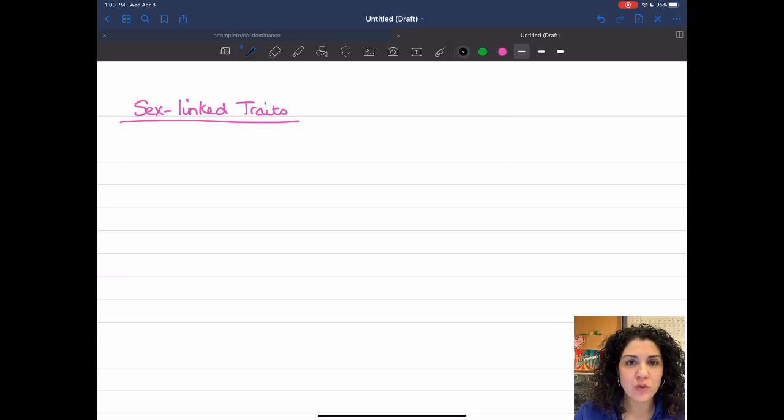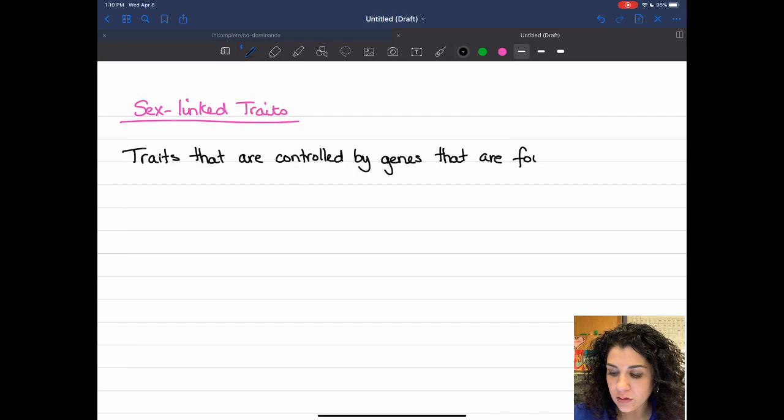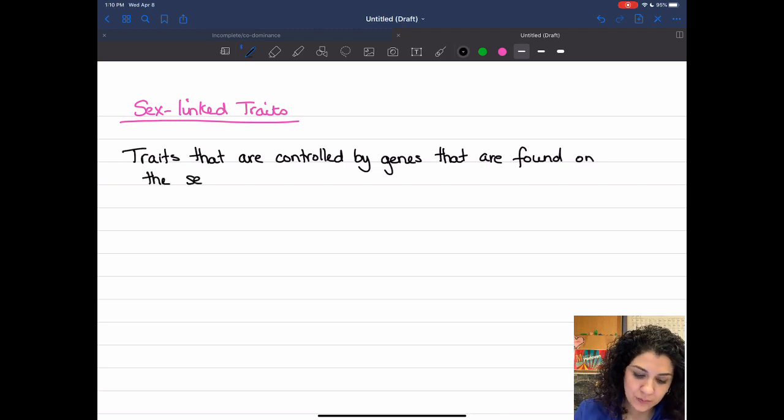We're going to start with a definition of sex-linked traits. These are any trait that is controlled by genes that are found not on your autosomes, not on chromosomes 1 to 22, but on your sex chromosomes.